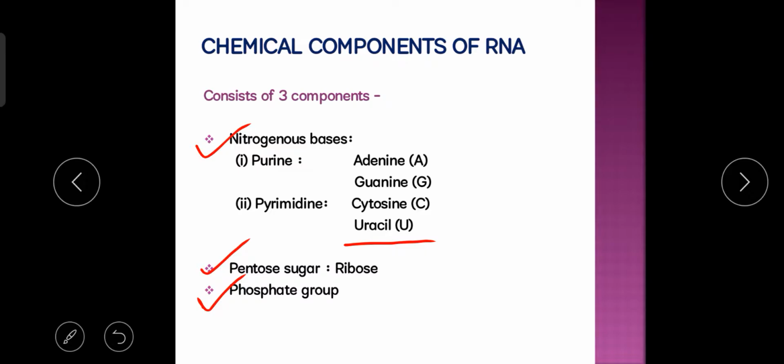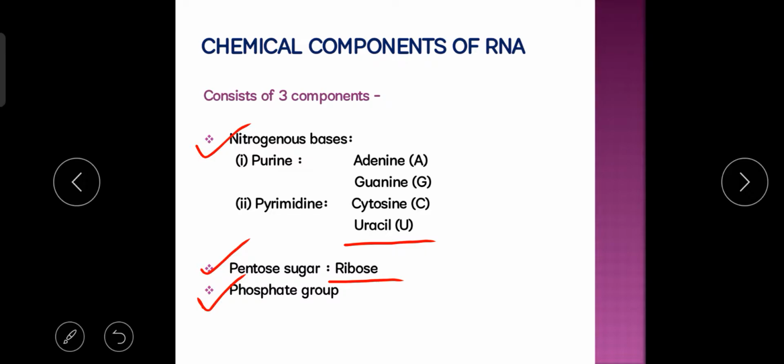And what is the second difference? The second difference is the pentose sugar, or 5-carbon sugar, present in RNA, which is ribose sugar. What is the sugar present in DNA? That is deoxyribose sugar. So these are the two differences between DNA and RNA on the basis of their chemical composition.